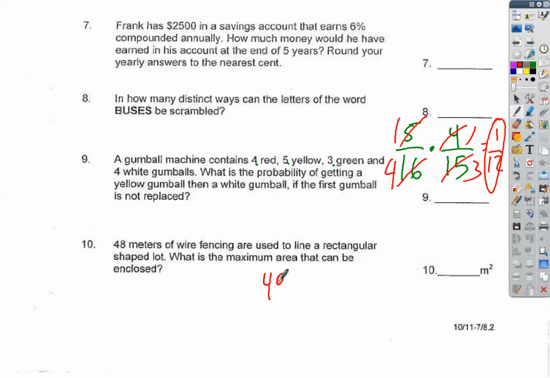So we want 48 divided by my 4 sides, and I get a side length of 12, and to find the area, I take 2 side lengths multiplied together. 12 times 12 is 144 meters squared. And so that is the first page of the mathletics competition.